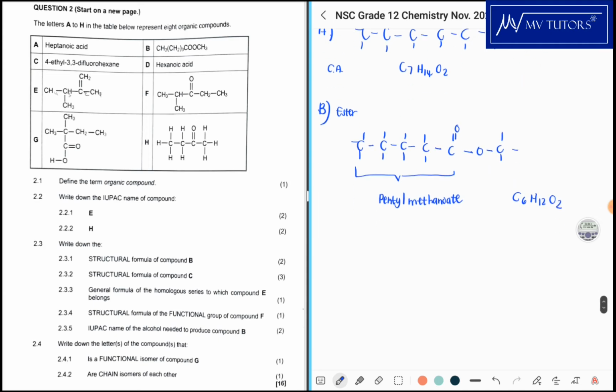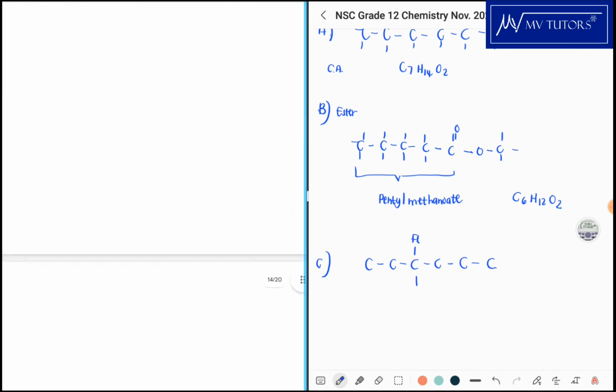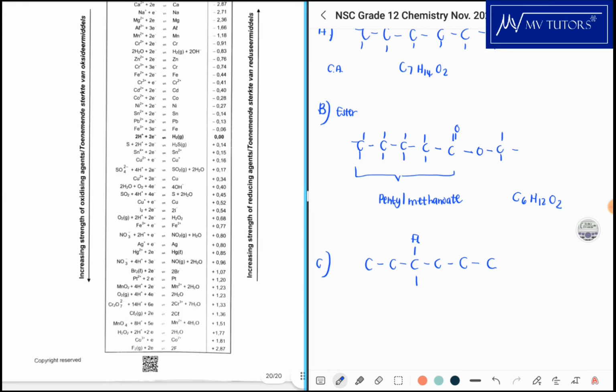Alrighty, now we go over to C. We have 4 ethyl, 3,3 difluorohexane. So hex, we have 6 carbons. 3, 4, 5, 6. Okay, if I start counting from the left, when it comes to the third, we have fluorine. Wait, is fluorine just FL or just F?